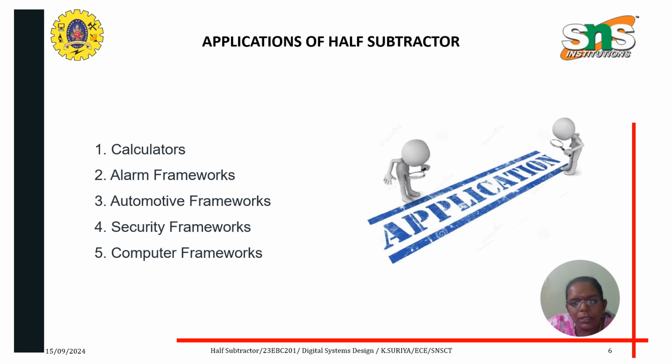Next one is security frameworks. Digital logic circuits are used in security frameworks to identify and respond to threats. A half subtractor can be utilized in these frameworks to compare two binary values and trigger an alarm in the event that they are different.